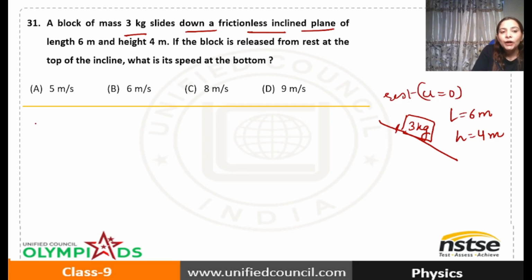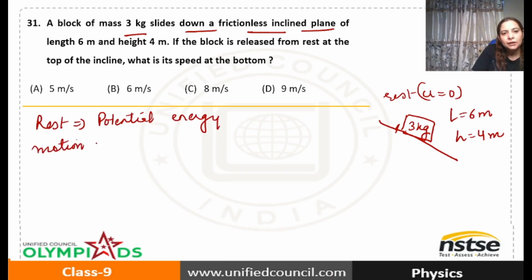When the body is at rest, we know the energy that it possesses is potential energy. And whenever a body is in motion, the energy possessed by it is kinetic energy. We find potential energy as mgh, that is mass of the body, acceleration due to gravity, and the height at which it is placed.